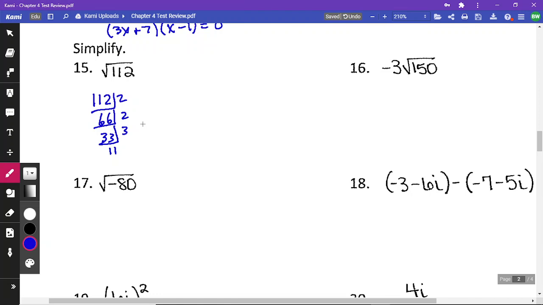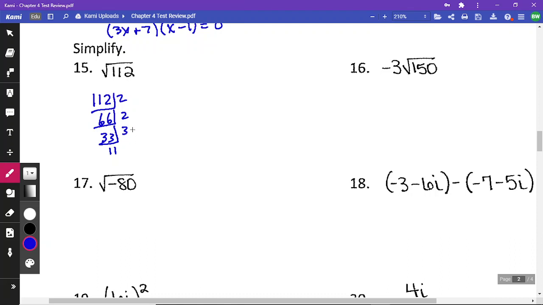I saw this happen on several of your graded reviews. You might have a 5 or a 9 sitting in this prime factorization that's outside the cake. When you get done, that's your prime factorization. All those numbers need to be primes. If they're not, you should have used a prime.